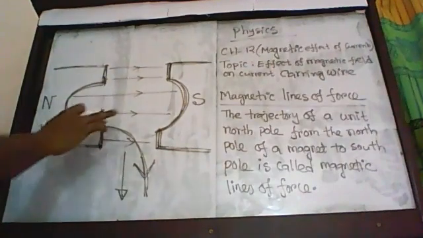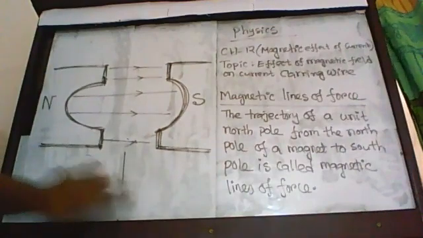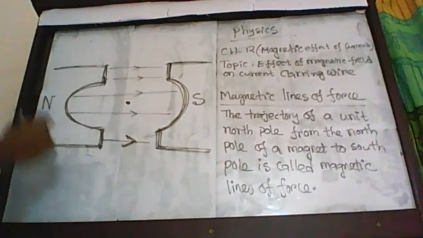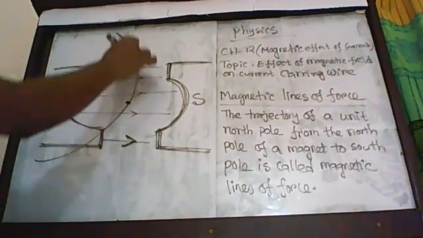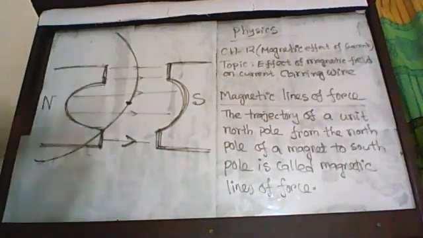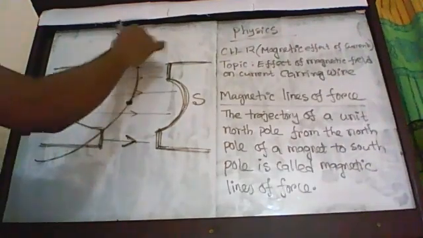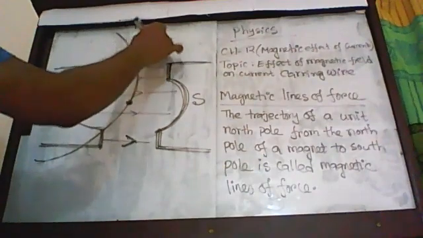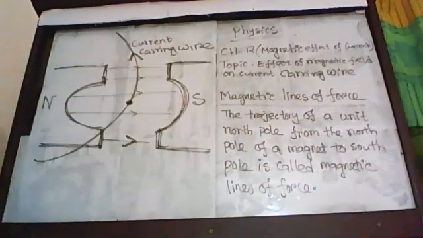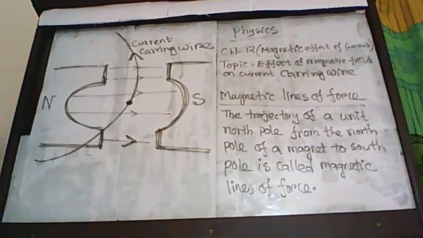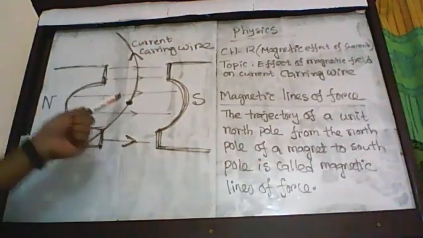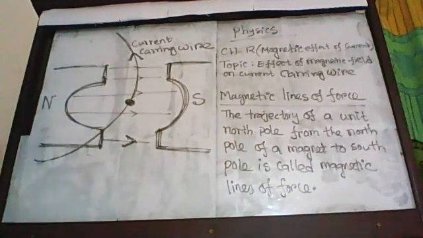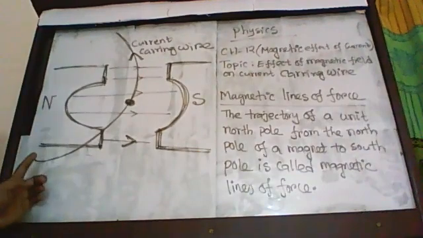Now what is happening if I put a current carrying wire at the middle of this magnetic field, perpendicularly? Then you can see that this current carrying wire rotates.